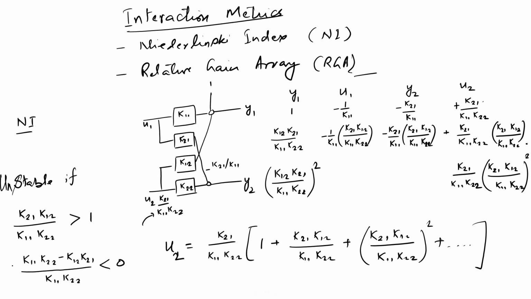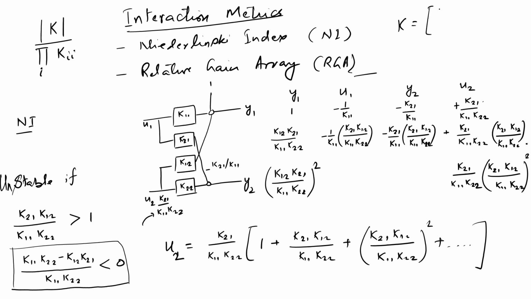And what is this guy? If you look at this, this is nothing but the determinant of K divided by the product of the diagonal terms of that matrix K. For a 2 by 2 system, you can see that this guy is nothing but this guy.